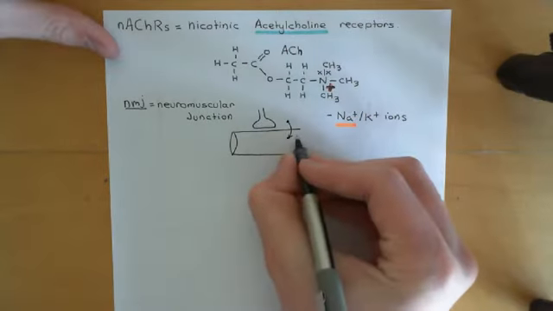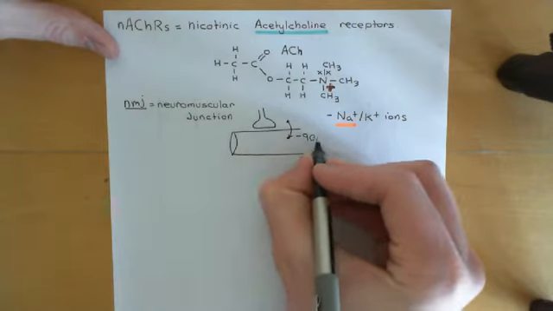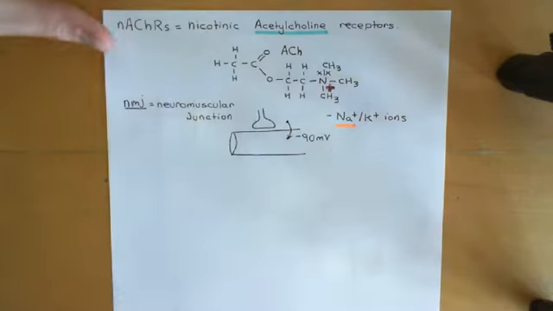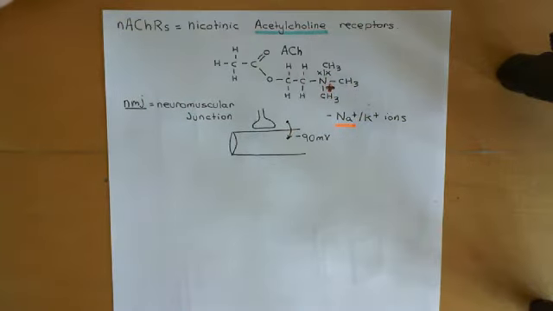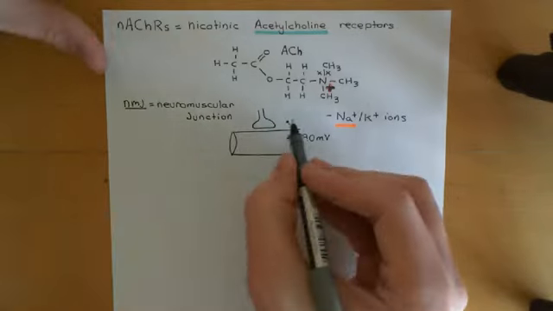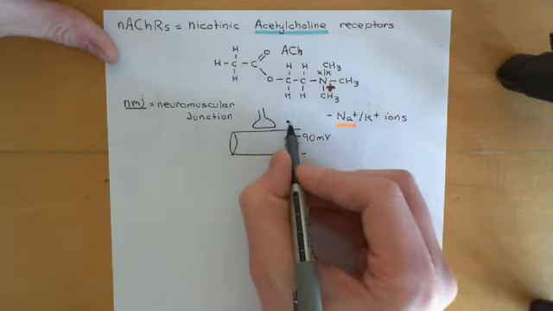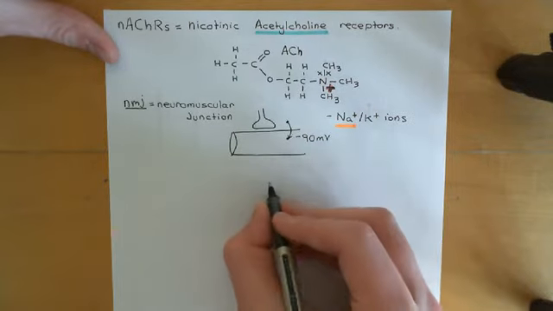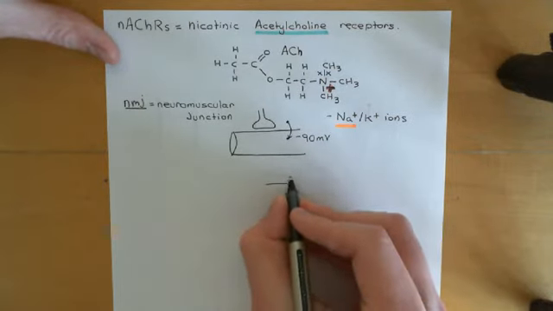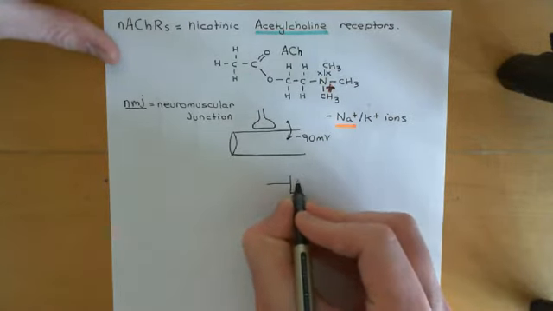I think it's something like negative 90 millivolts across the cell membrane of a skeletal myocyte. That means that the intracellular electrical potential is 90 millivolts lower than the electrical potential extracellularly.